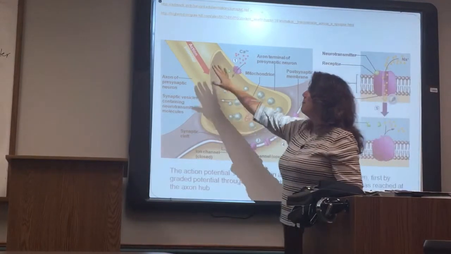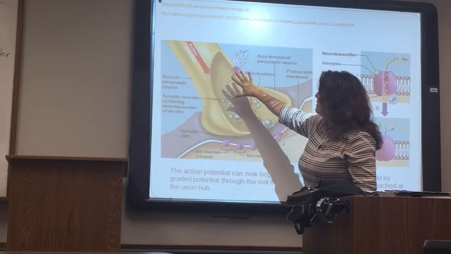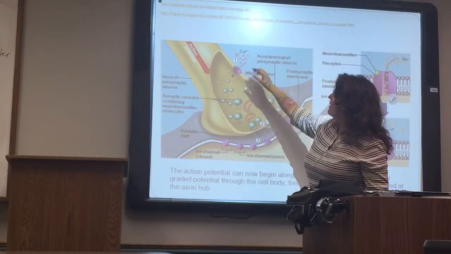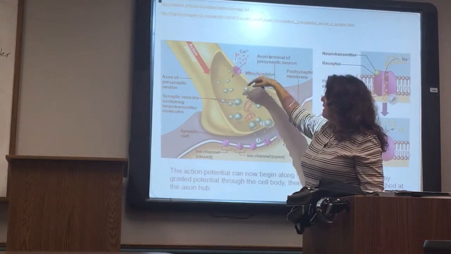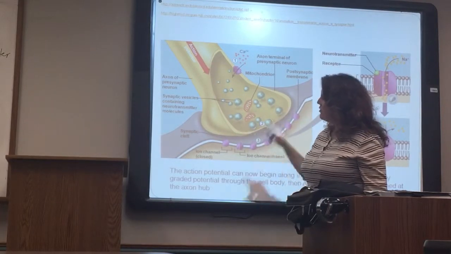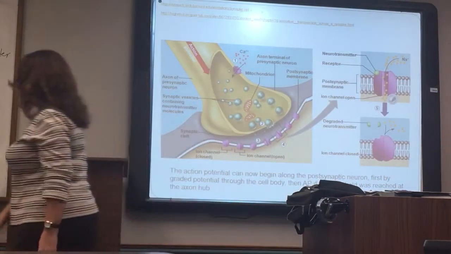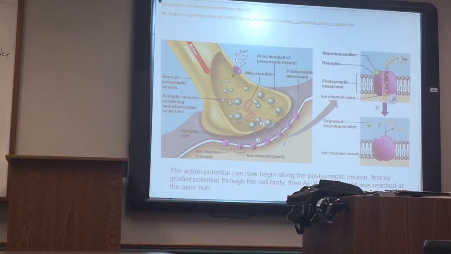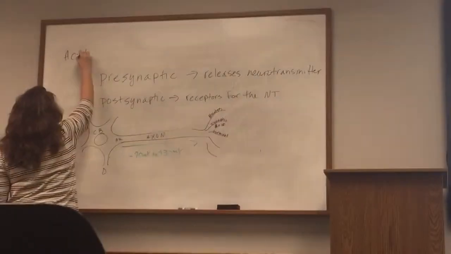So motor neuron, here comes the action potential, changes the membrane to plus 30, calcium comes in, calcium makes these vesicles of neurotransmitter, and this specific neurotransmitter, and it's a specific neurotransmitter, it's acetylcholine.